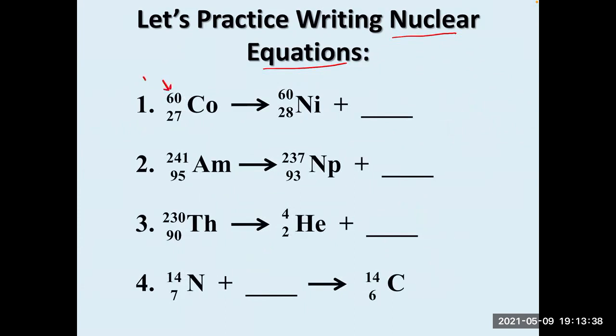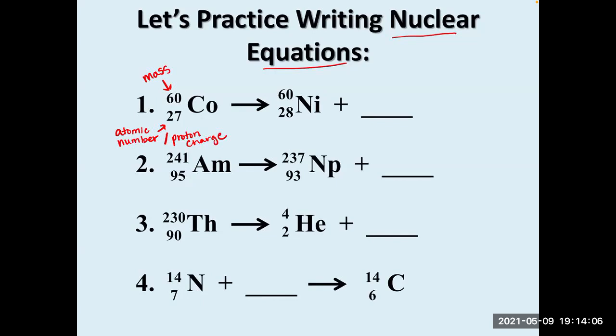This is your mass, and this is your atomic number, slash protons, charge. Because remember, your atomic number is your proton number, okay?